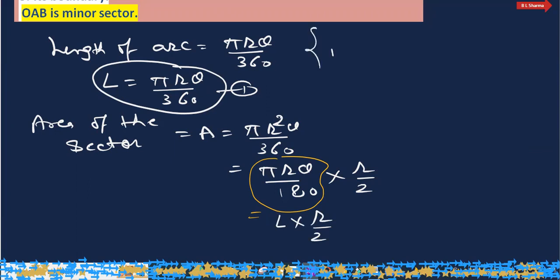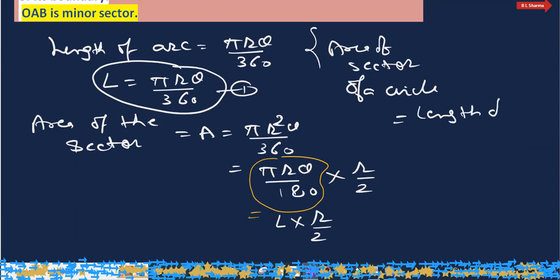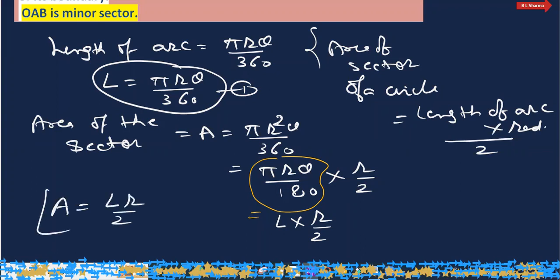So, area of a sector of a circle is given by length of arc into radius divided by 2, or in short we can write area, that is L r by 2.